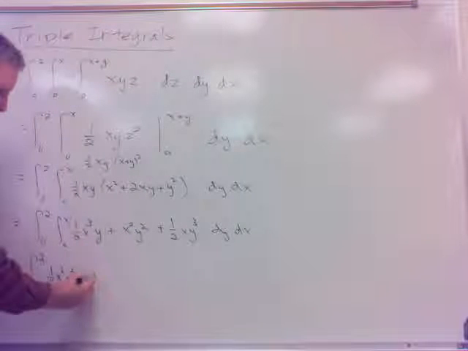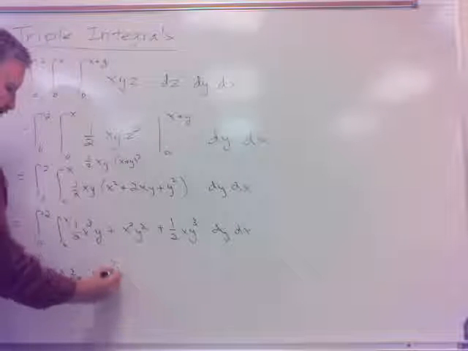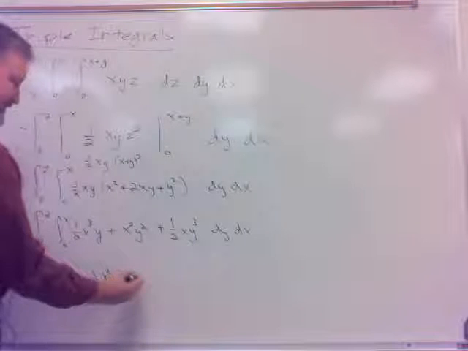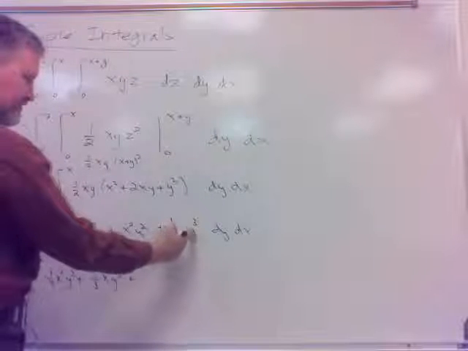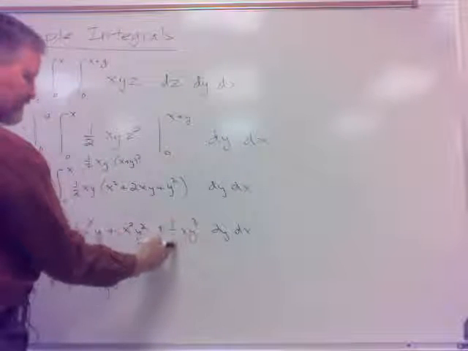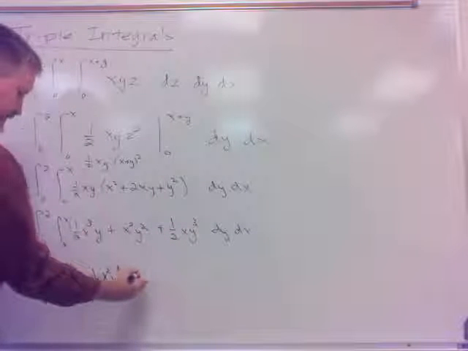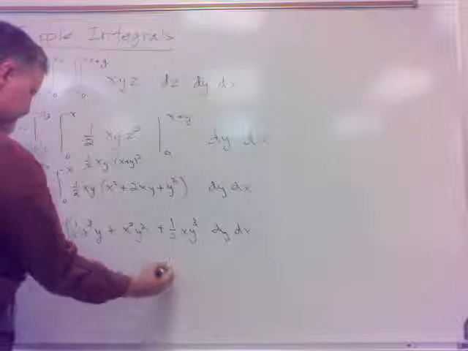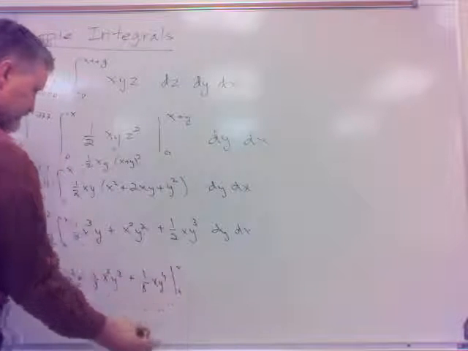That'd be 1/3 x squared y cubed. A lot of it's just keeping up with which one you're exactly doing here. So we're doing the y, so it'd be y to the 4th, so it'd be 1/8 xy to the 4th. And that's from 0 to x.